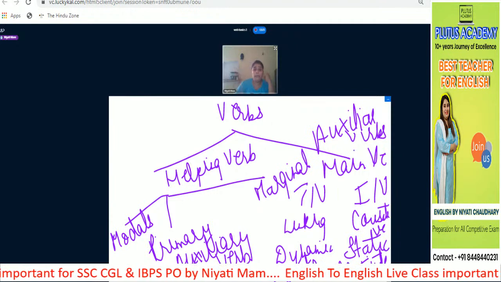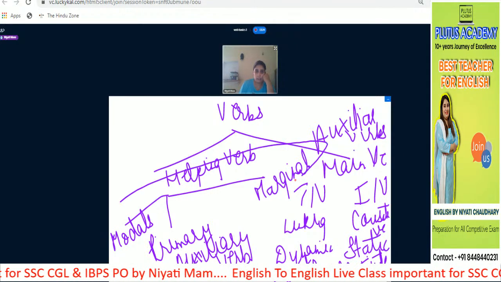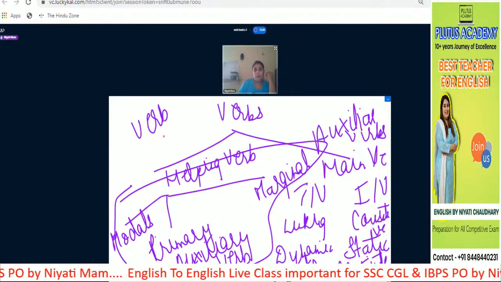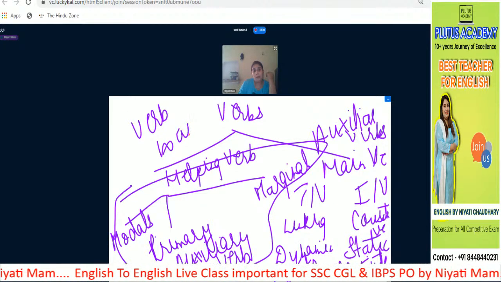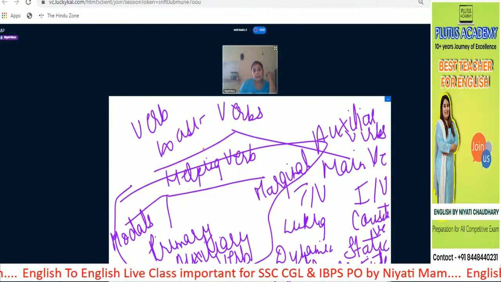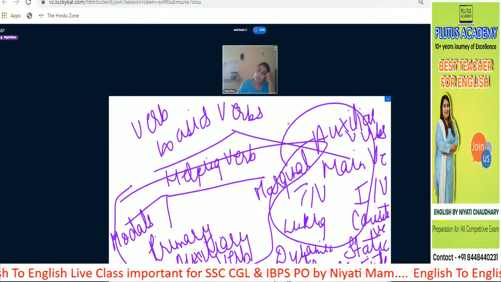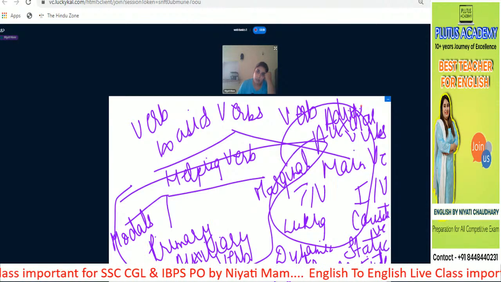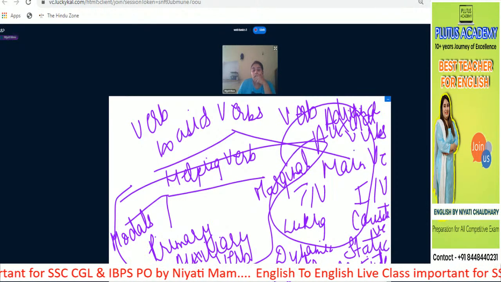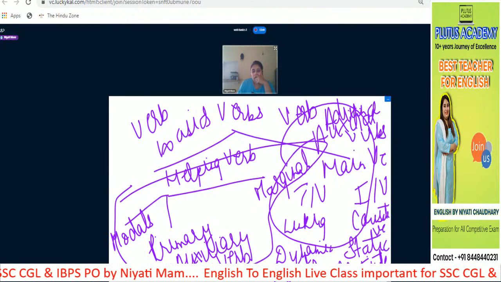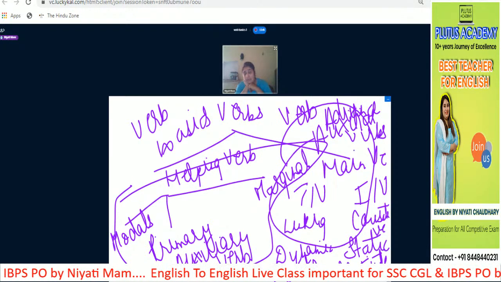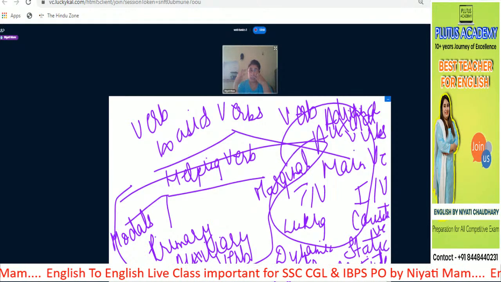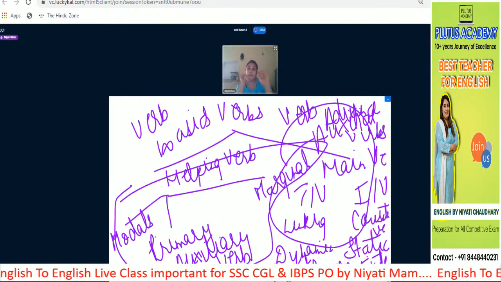These are all the things which we are going to learn in verb basics and in verb advanced. And we have already learned about transitive and intransitive verb in pronouns, right?